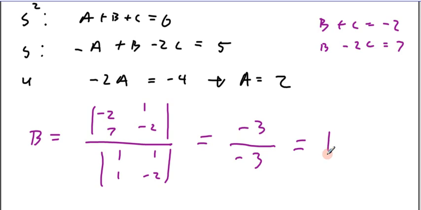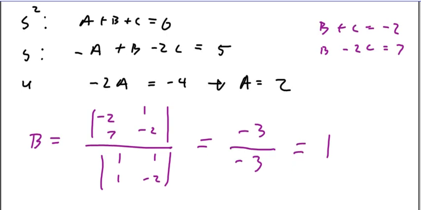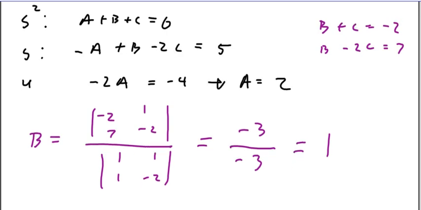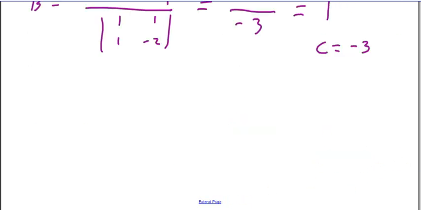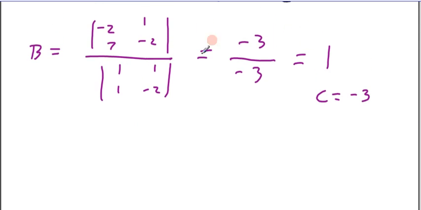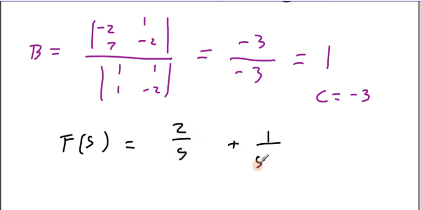Well, if b is 1 and a is 2, then c has to be minus 3. I have no choice in that. And now I find that my f of s is going to be 2 over s plus 1 over s minus 2 minus 3 over s plus 1.